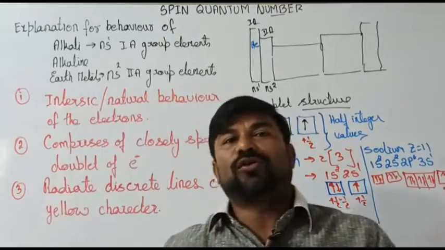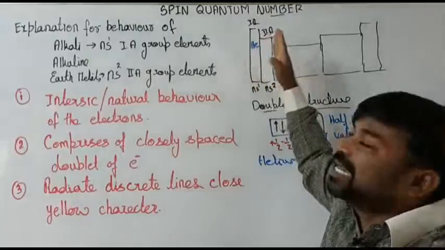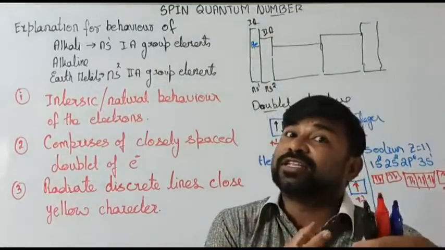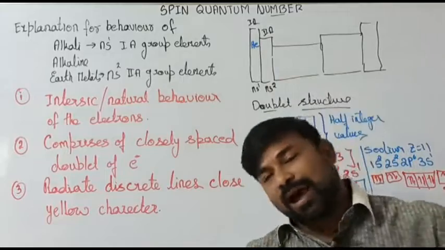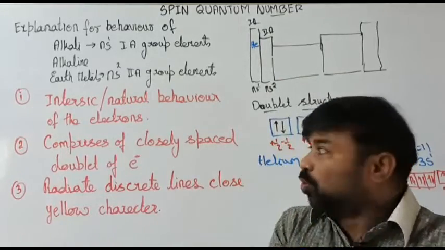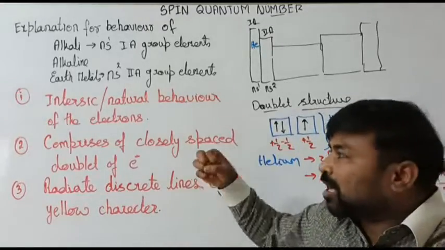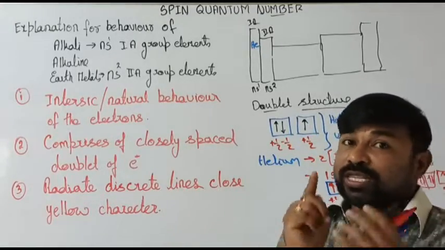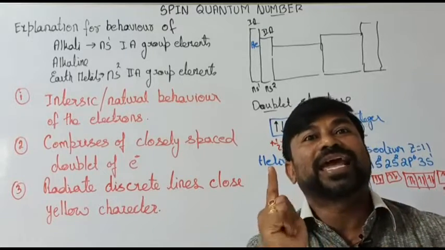Because of the duplex structure of these elements, especially the alkali and alkaline earth metals, they have the peculiar behavior of emitting yellow color light. Moreover, the light rays which are coming out have a frequency very close to the yellow color.